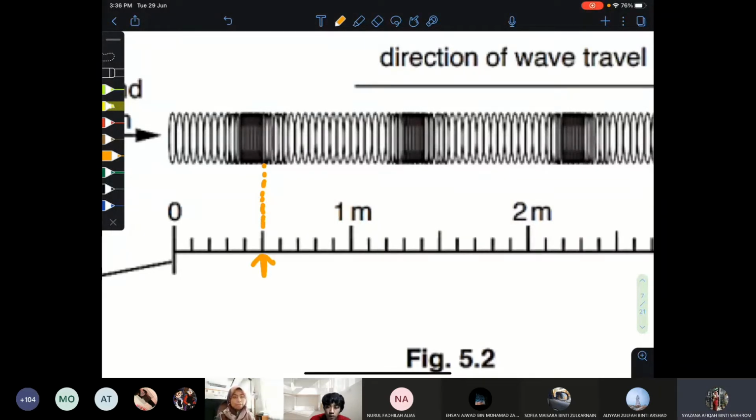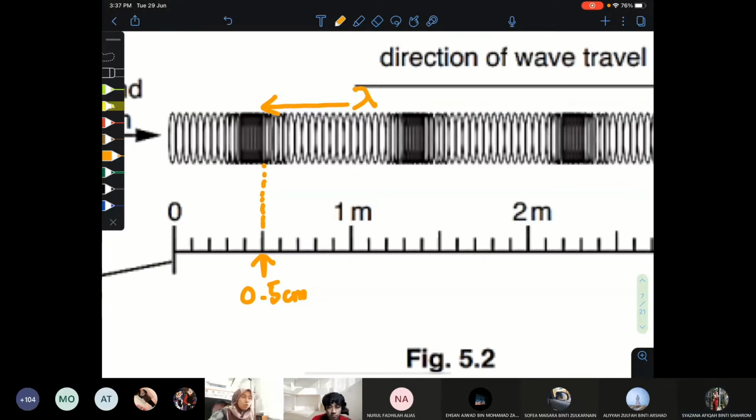0.5. Okay, so that's centimeter. 0.5. So I must stop at the same phase. So where is the same phase? One wavelength. Where? Is it this one? Is it correct if I say here? No. Wrong. Right, why is it wrong?